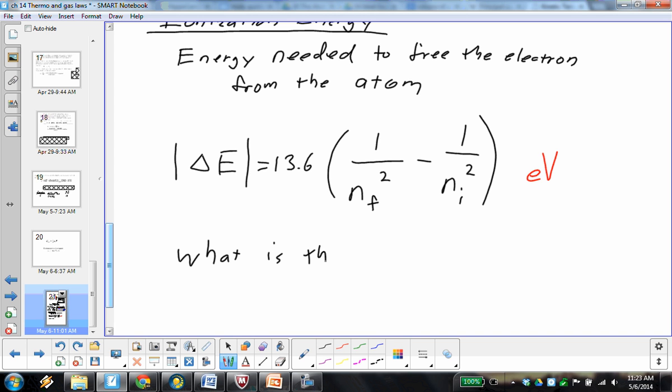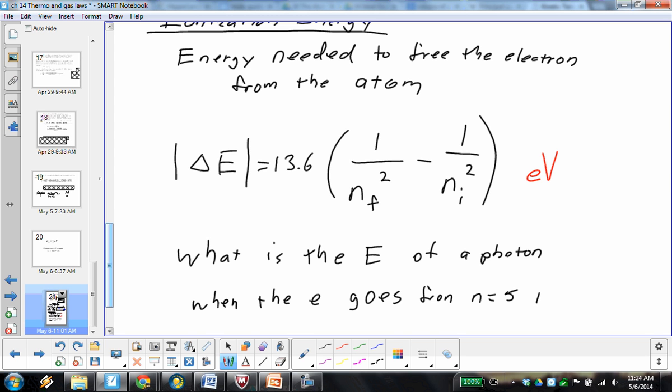What is the energy of the photon when the electron goes from n equals 5 to n equals 2? So there's my question, there's my statement, and you should have all the information you need to answer that question.